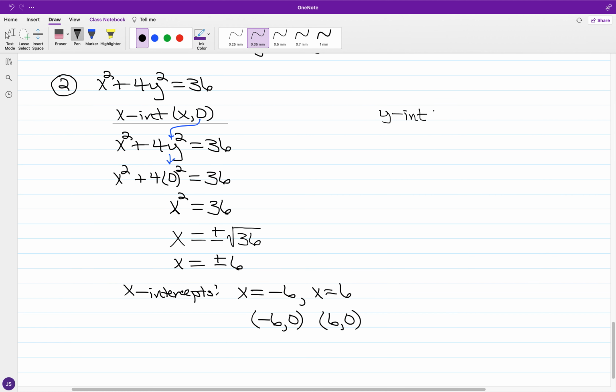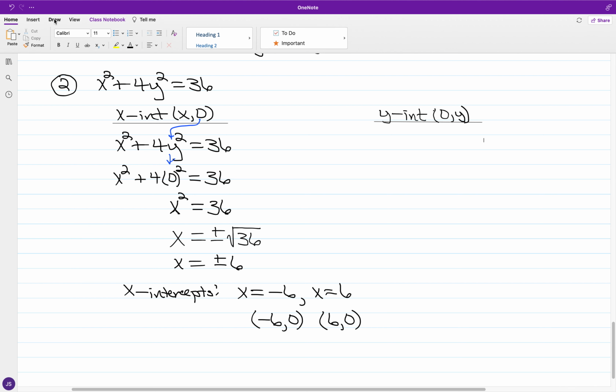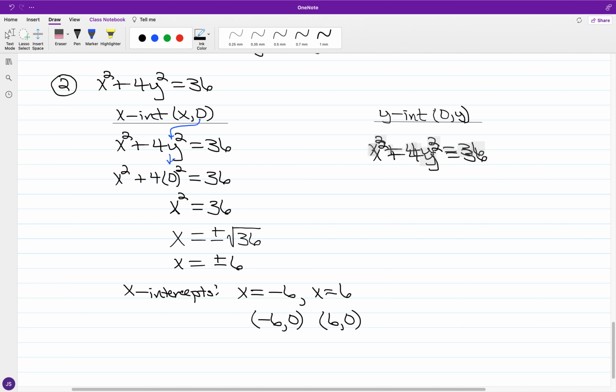As for the y-axis, looking for the intercept or intercepts. Okay, so you have x squared plus 4y squared is equal to 36.